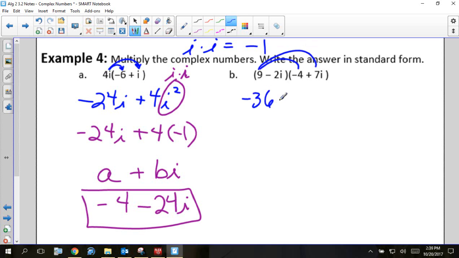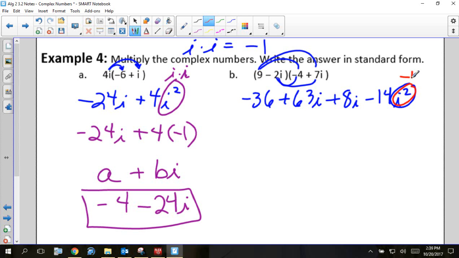Outside, 9 times 7i, plus 63i. Inside, negative 2i times negative 4, plus 8i. And then last is negative 2 times positive 7i. So it'll be negative 14, but it's i times i squared. And what did I say i times i is? So this right here is negative 1.